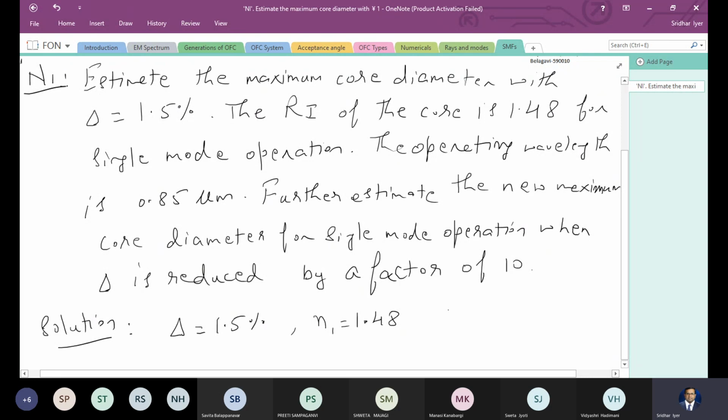And we are given that the refractive index of the core is 1.48 for single mode operation. So this is a very important point here. This implies that the fiber is a single mode fiber. Only then it can operate in a single mode manner, right? So the other important information which is given to us is the wavelength of operation. So lambda here is 0.85 micrometer.